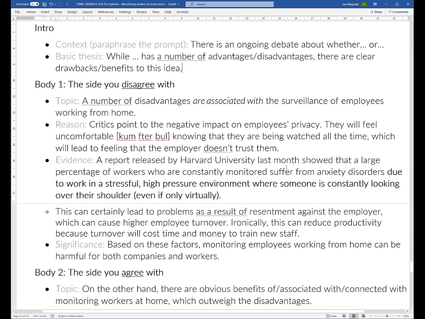We pronounce it comfortable. Comfortable. Okay. Can you say both comfortable and uncomfortable? Are you comfortable or uncomfortable?